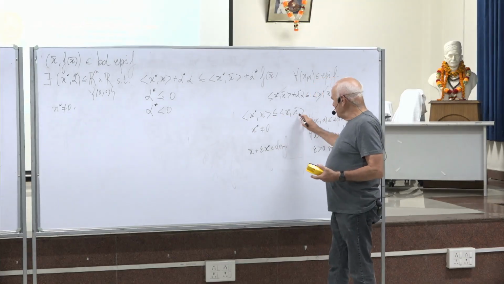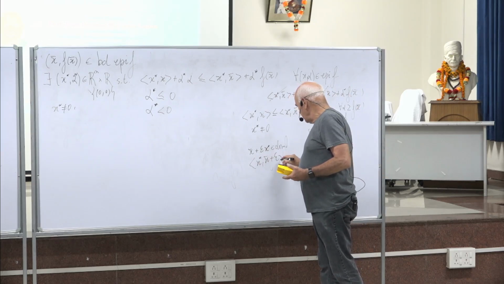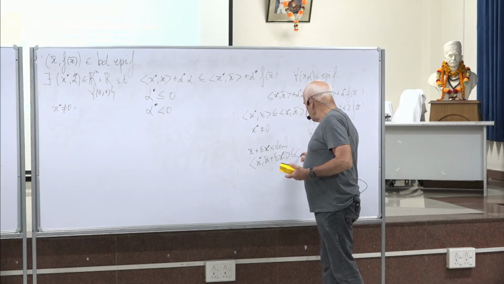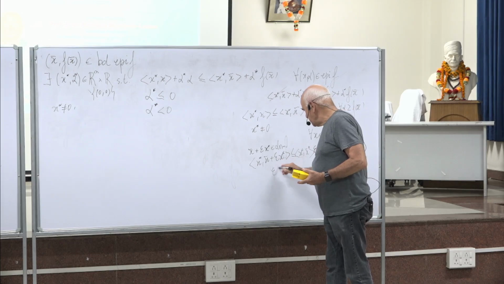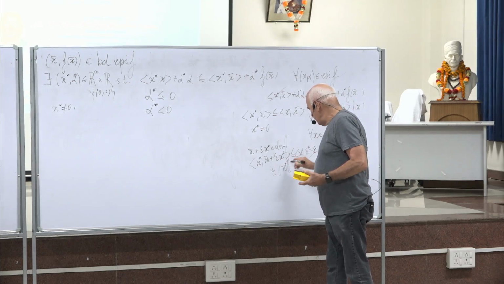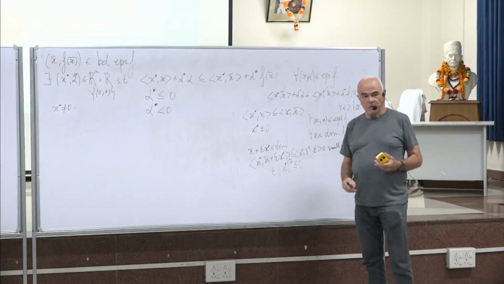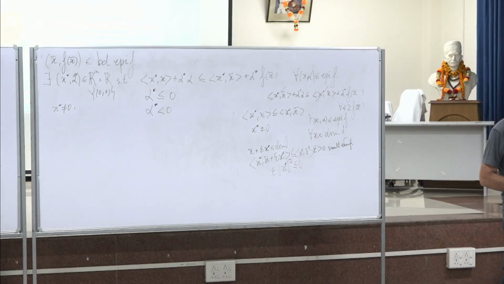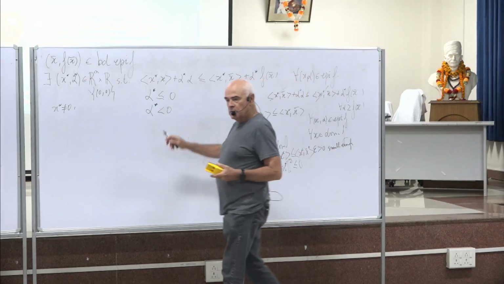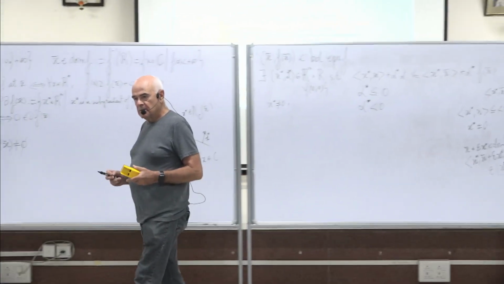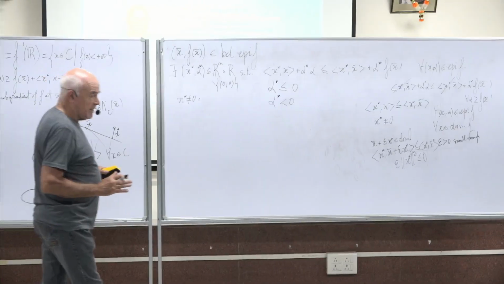And then this should be satisfied: x star, x bar plus epsilon x star less than or equal to x star, x bar. But this simply means that epsilon times the norm of x star squared is less than or equal to 0, which is impossible because x star is different from 0. So this should be strictly positive. Okay? So now we know that alpha star cannot be 0, it should be strictly negative.